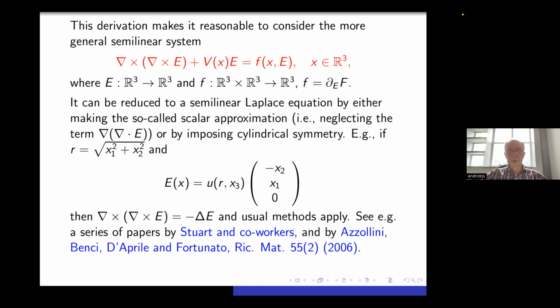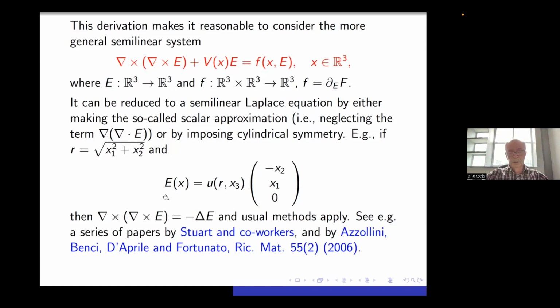And the problem is, well, this makes things easier, but on the other hand, it is known that it can sometimes produce solutions which are not physical. Another possibility is imposing cylindrical symmetry.